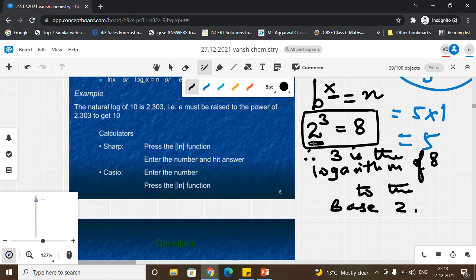Can you see? 2 is written raised to the power of 3. Or some people can even say it as 3 is equal to log base 2 of 8. So these two things mean the same thing.